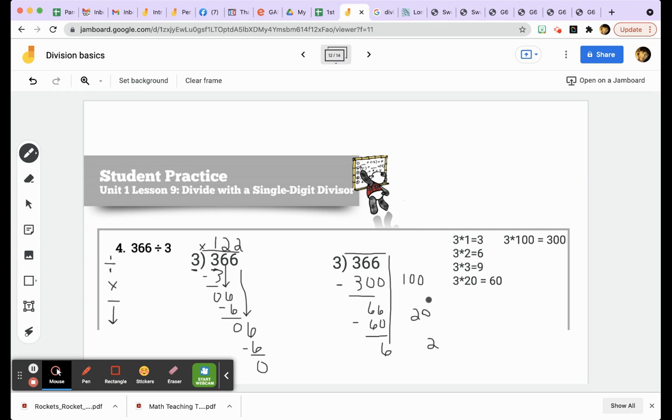So I have a partial quotient of 2. 2 times 3 is 6. Subtract 0. So I'm going to add my partial quotients, and I have 122. Again, the exact same quotient. Whichever way makes more sense to you, that's the way that you should use for dividing.